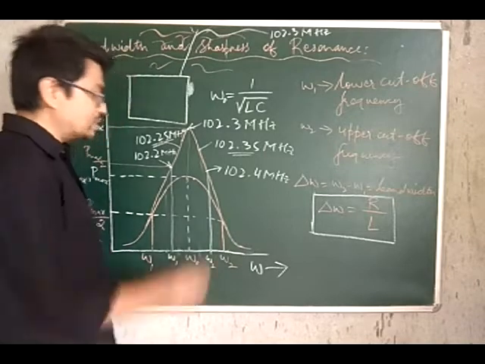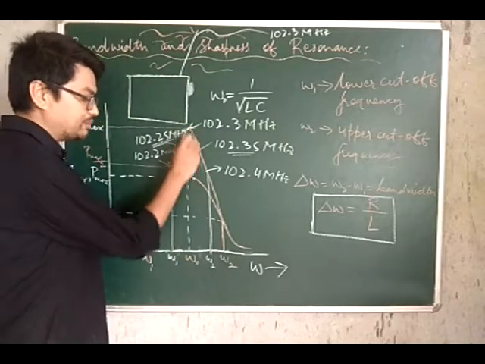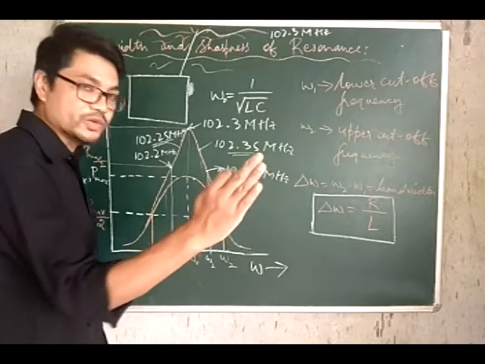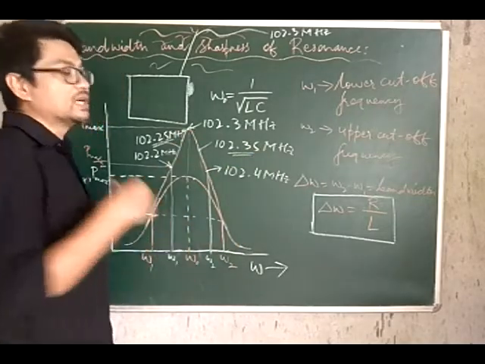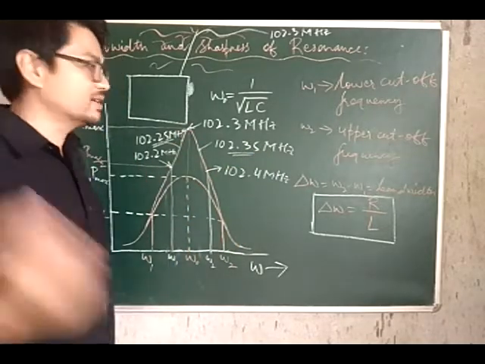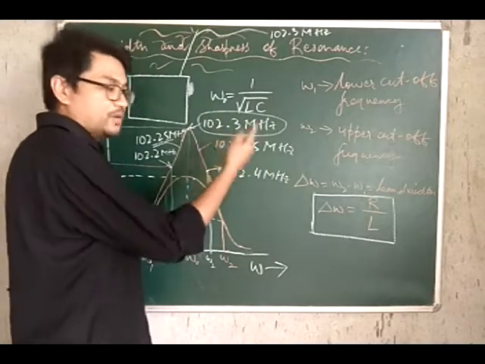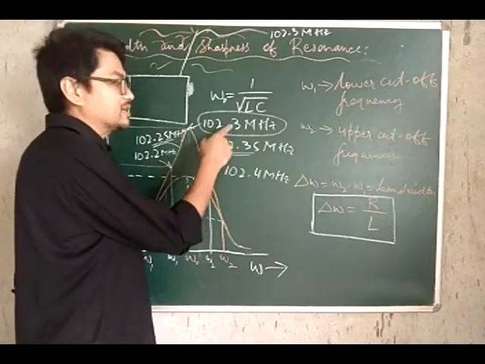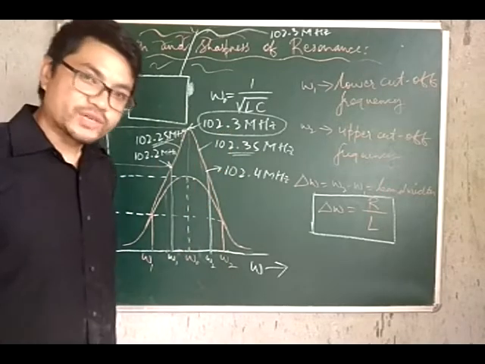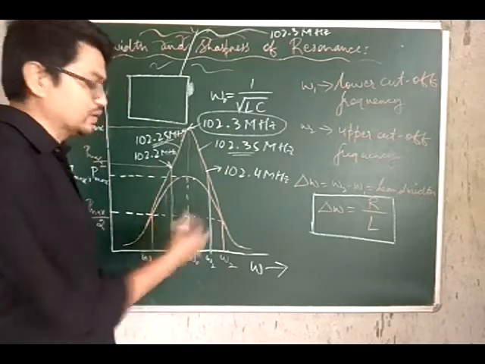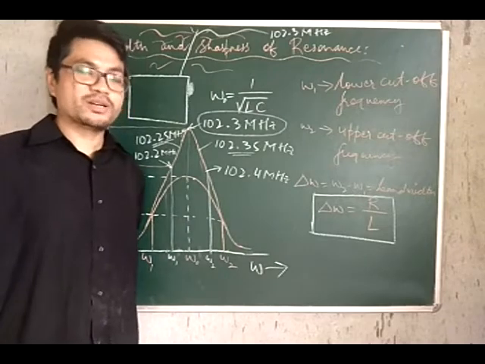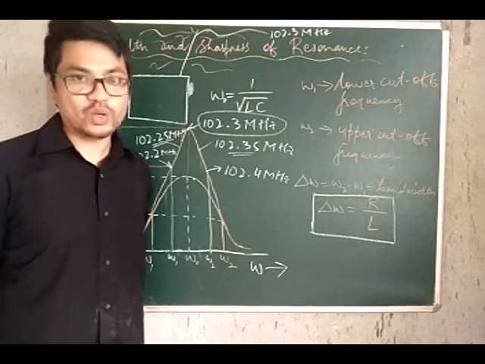And thereby, when you tune your radio to this particular frequency, you will hear a nice clear sound from the radio channel or FM channel corresponding to this frequency. So this is how the problem of disturbance is solved.